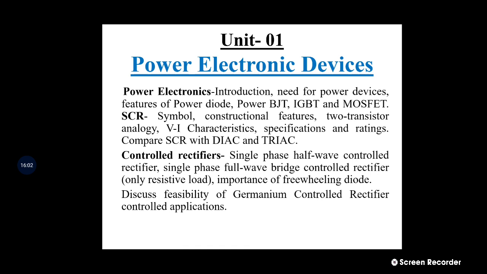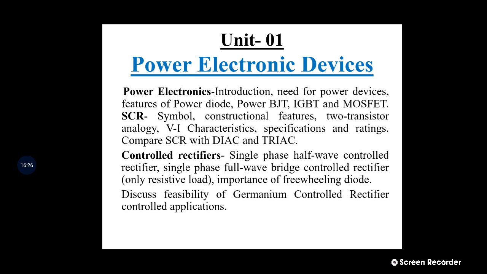Along with this, you are going to study the structure of those components, and also the VI characteristics of those components. You must also study the applications and uses of those different components.